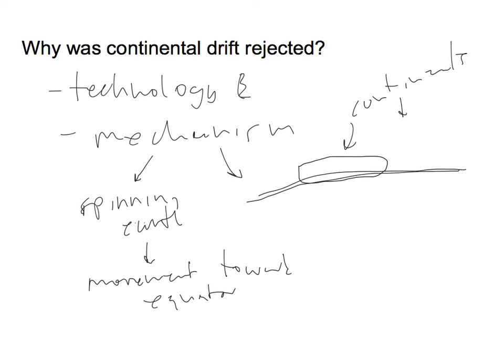So continents are going to be basically forced through the crust, and in order to do that, you're going to have massive forces. And you're going to have forces so intense that the continental masses themselves are going to be broken up. So there's a problem there. He doesn't have a good mechanism that will deal with this.